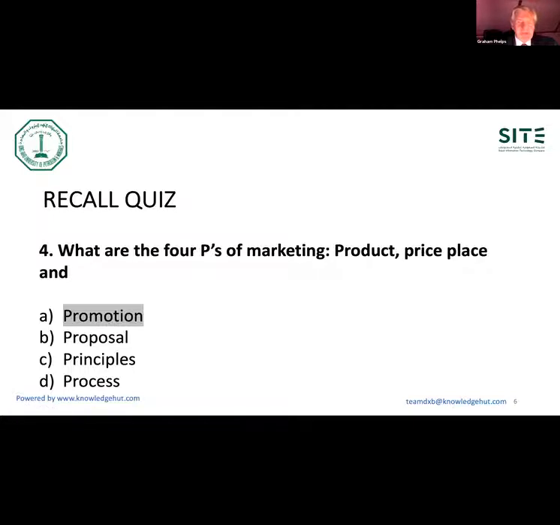The four P's. Promotion is the fourth one missing from the list. We have product or service, of course, the price, how people pay, the place where it's distributed, and the promotion is how people hear about a product or service, or maybe some offers and incentives to purchase.